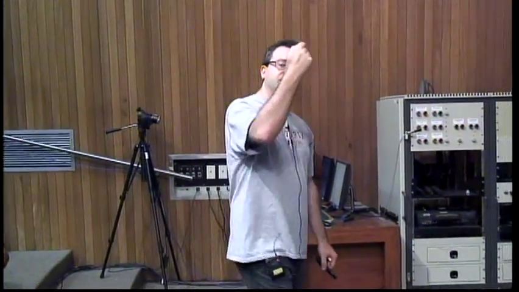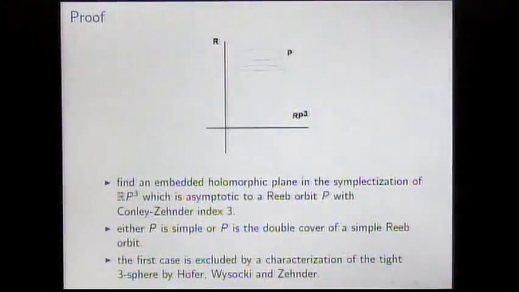Only these two possibilities. But if the asymptotic orbit is simple, then it's possible to show that that periodic orbit is unknotted because the plane is embedded. And it has self-linking -1 because it forces the projection to be transverse to the Hebb vector field.